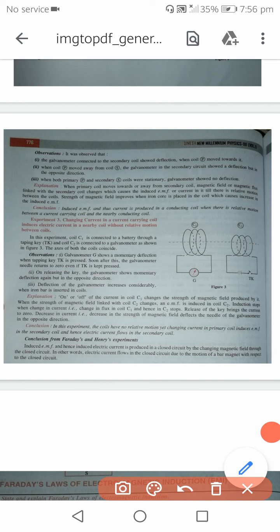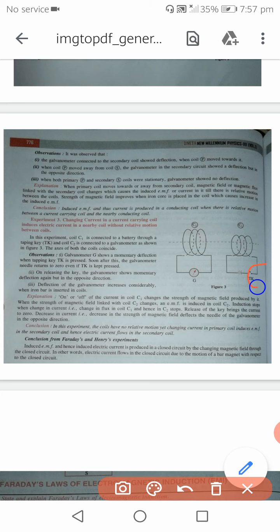In the third case also the same thing is happening. See, when this switch was open, no current was there in this coil or solenoid. No current means no field lines; the solenoid is not behaving like a magnet, so no current is observed.